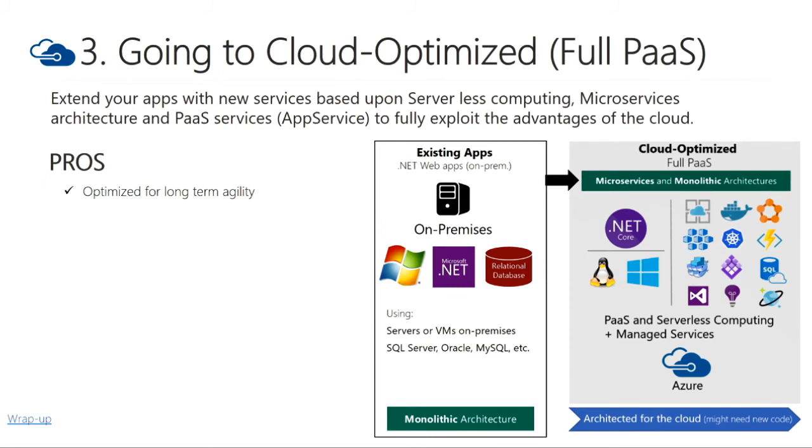So what does Cloud Optimized mean? Cesar got into this a little, but what it essentially means for existing apps is that you extend your apps with new services based upon cloud-native technologies like microservices, serverless computing, even PaaS services like Azure App Service. And this allows you to fully exploit the advantages of the cloud.